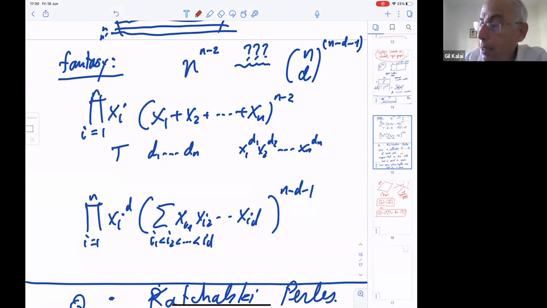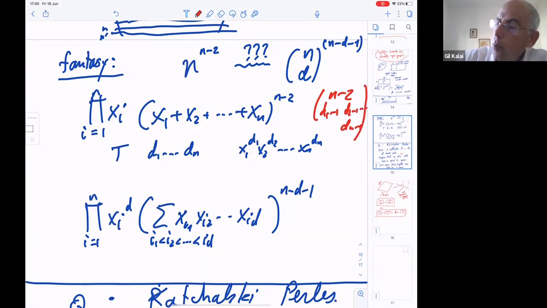Another way to say it is that the number of labeled trees where the vertex degrees are d1 up to dn is the multinomial coefficient n minus 2 choose d1 minus 1, d2 minus 1, up to dn minus 1.